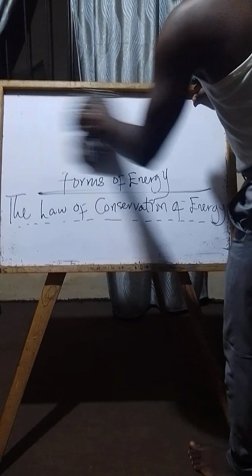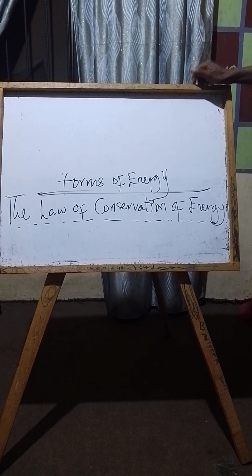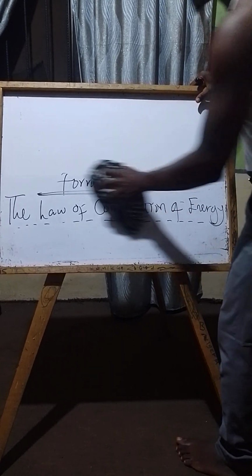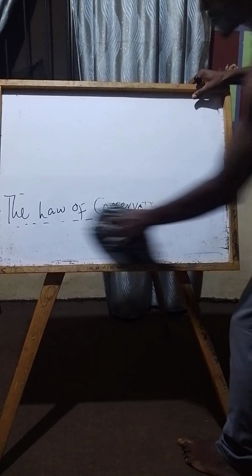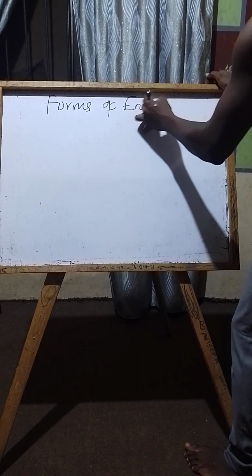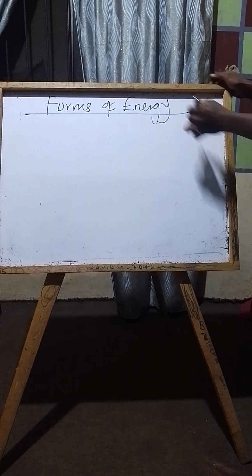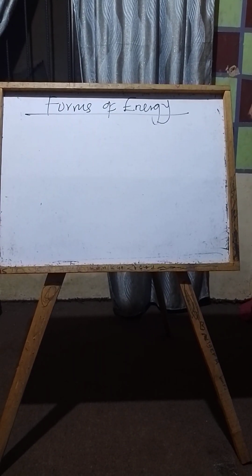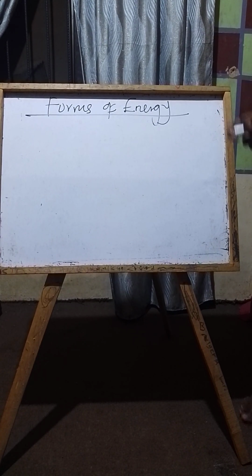If you have written the law of conservation of energy, let's talk about forms of energy. What are the various forms of energy? It means forms in which energy can be converted or transferred.